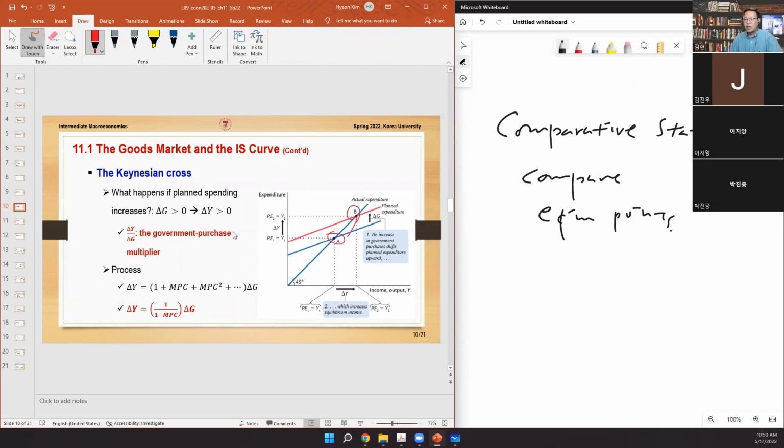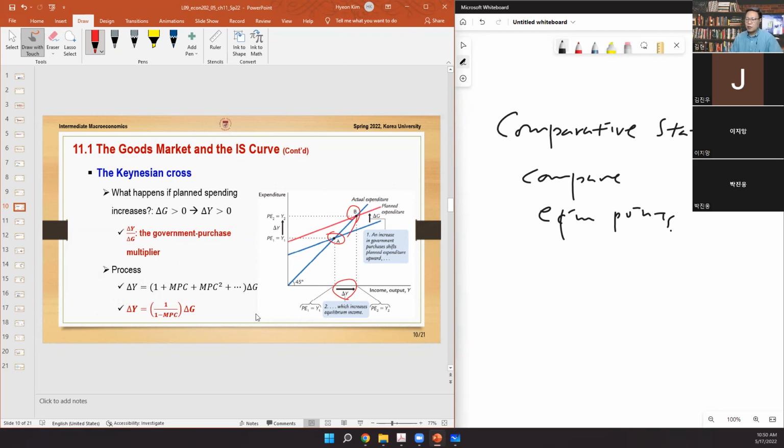But in this case, we simply have a shift in planned expenditure by increasing government expenditure, and then we'll have B, and from A to B we'll have a higher income or output. This change is associated with the MPC.